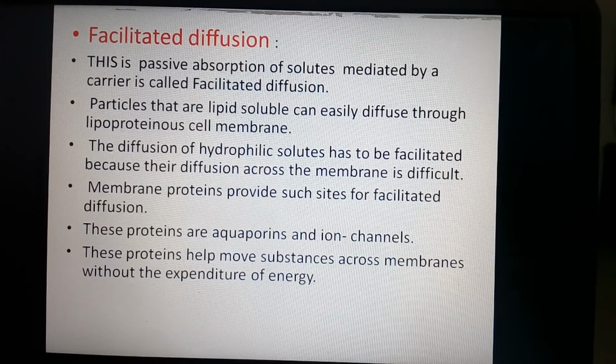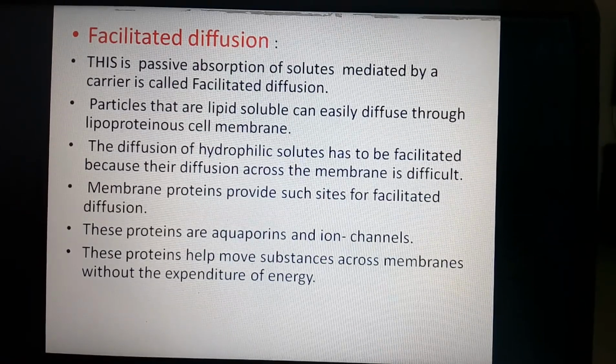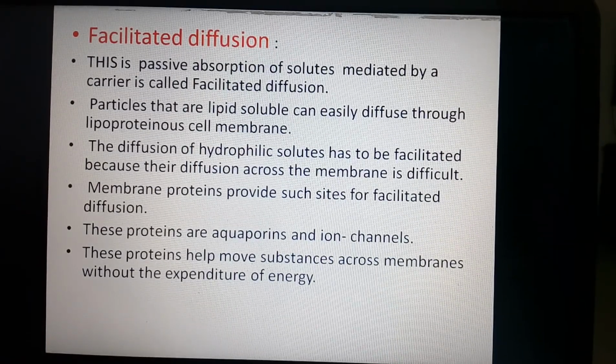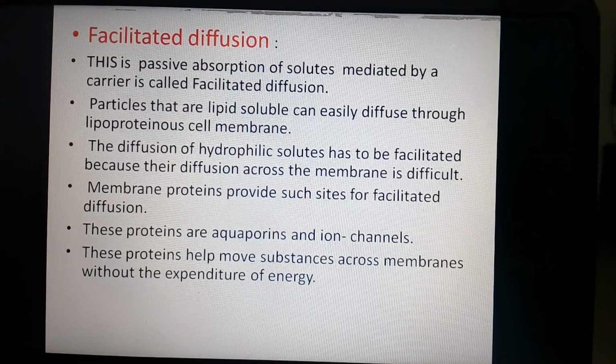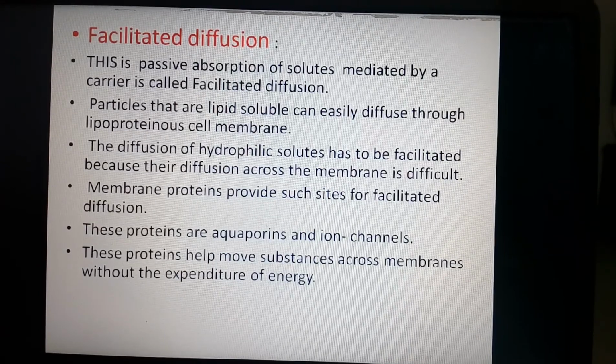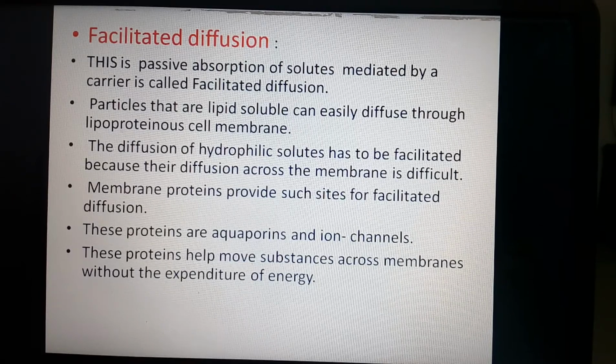Then how do they move? They move through the ion channels or aquaporins, which we have discussed in the form of protein channels. Extrinsic protein and intrinsic protein, which we have discussed in the plasma membrane, phospholipid bilayer, fluid mosaic model given by the scientist Nicholson.